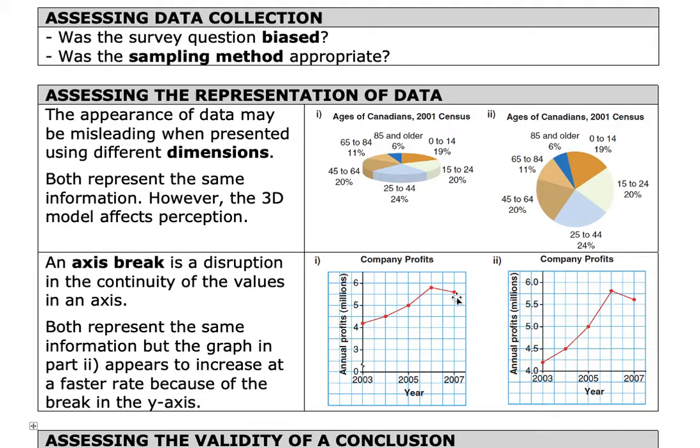So this is the type of technique that you might see the media use for headlines to say a rapid increase in company profits using this format, because it might help their stock if people believe that the company is going to do well. So think of the incentives of the researcher, and that can help you determine whether or not this might be valid research.